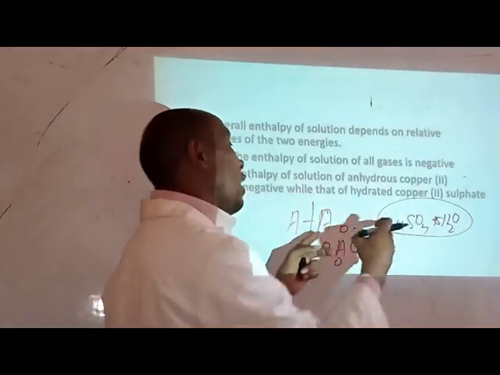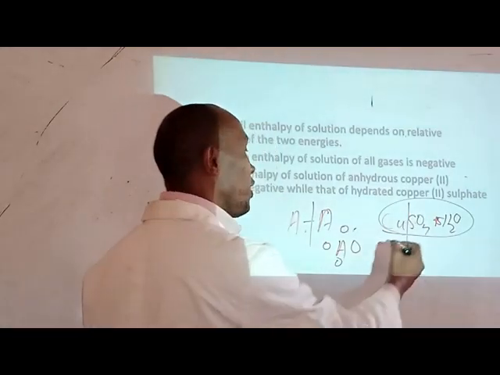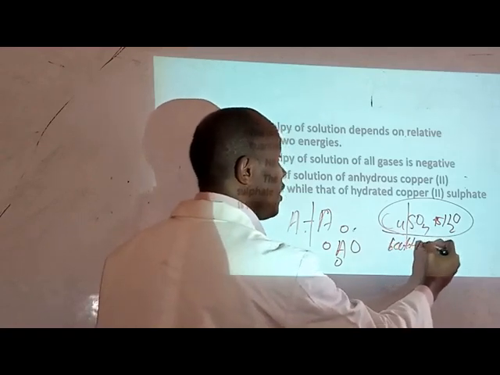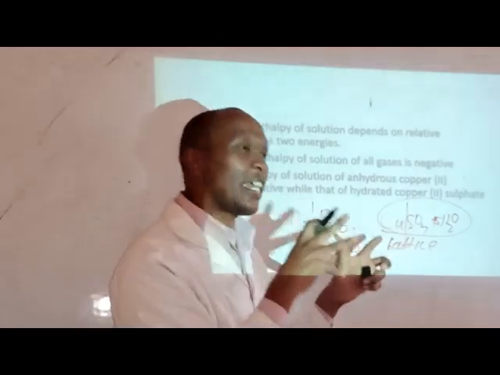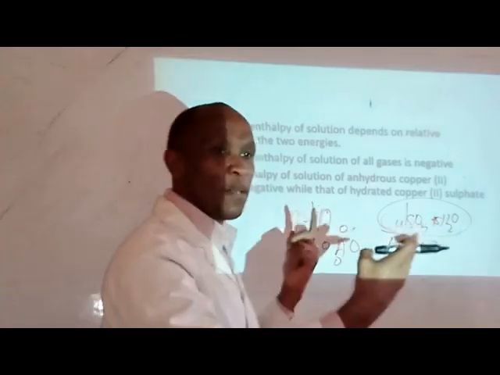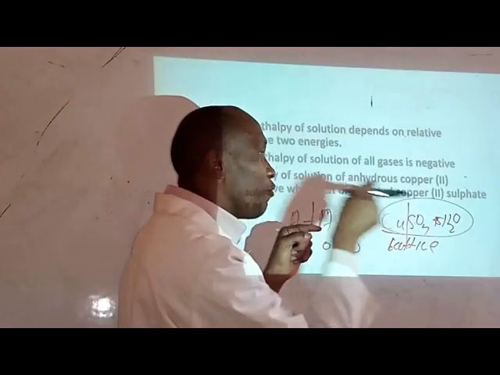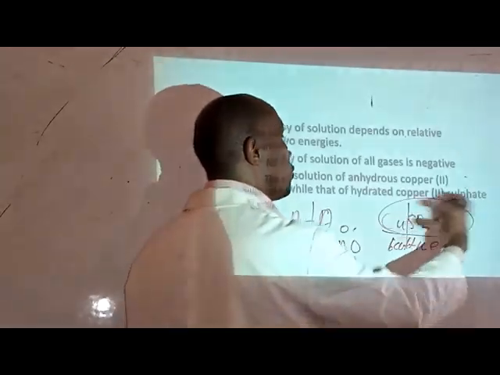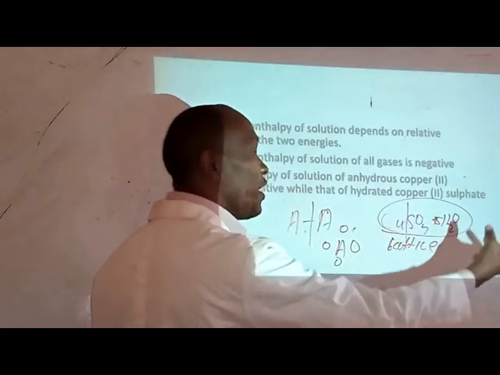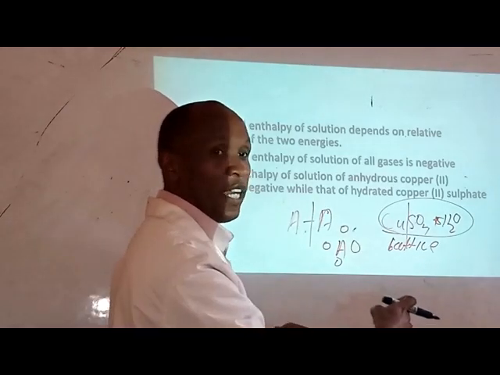But you still have to break the copper sulfate apart. The lattice is intact, but some hydration energy has already been given off in forming the pentahydrate. So you are going to get very little energy when you hydrate the pentahydrate, but you still need a lot of energy to break the lattice.